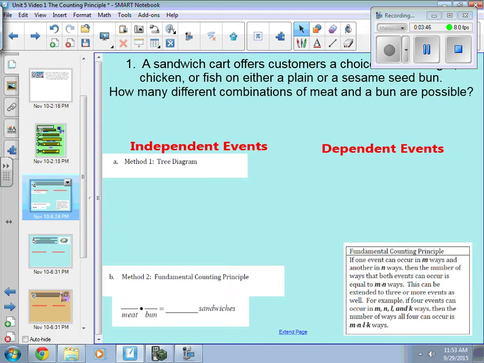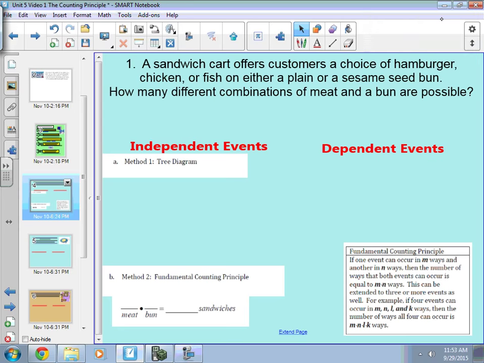When you read through this first one, it says that a sandwich cart offers customers the choice of a hamburger, chicken, or fish on either a plain or sesame seed bun. How many different combinations of meat and a bun are possible? So one method you can do to do these types of problems is make a little diagram called a tree diagram. And how you do this is list out your different things.